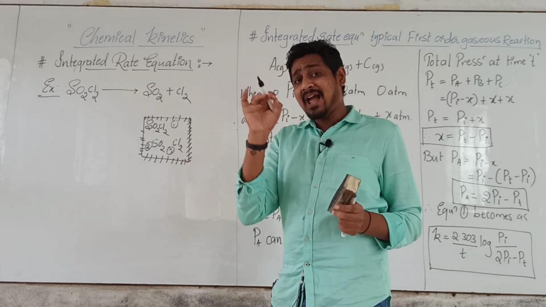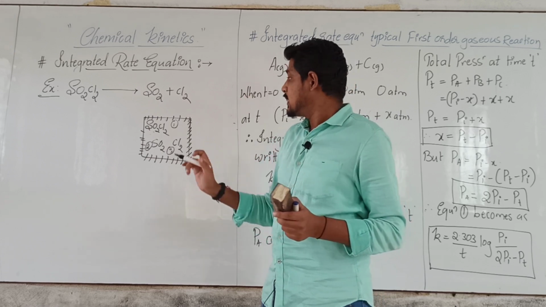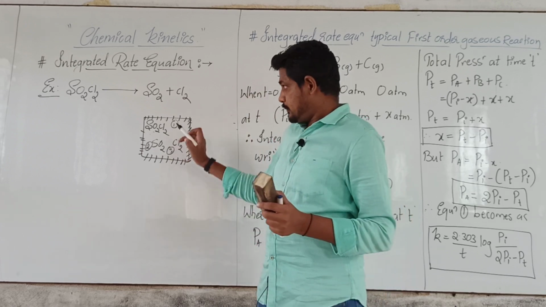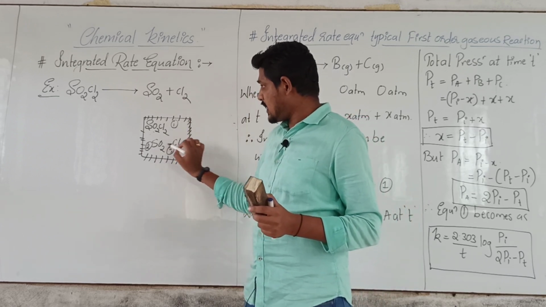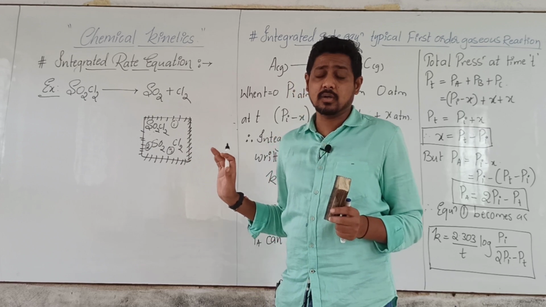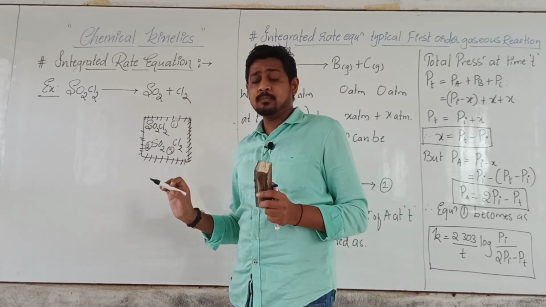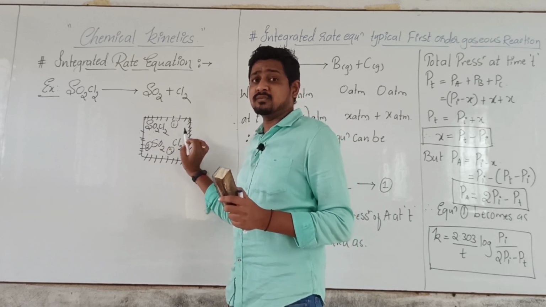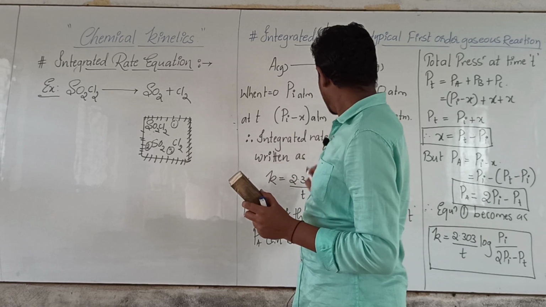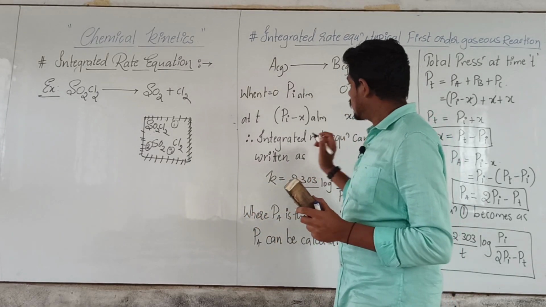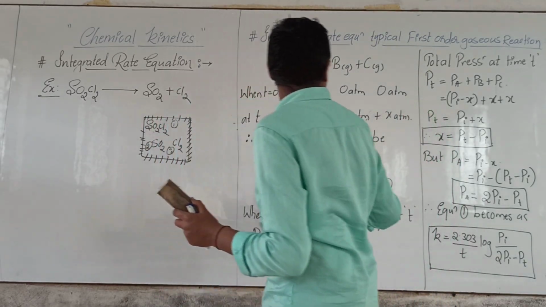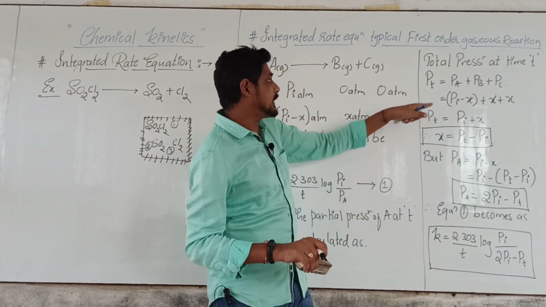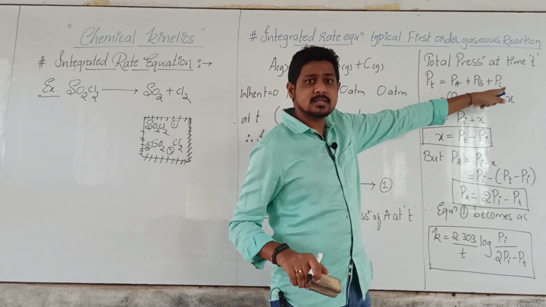So now at 10 seconds, the pressure exerted on the wall of the container is because of three components: this one and these two. The total pressure at 10 seconds is Pa plus Pb plus Pc.